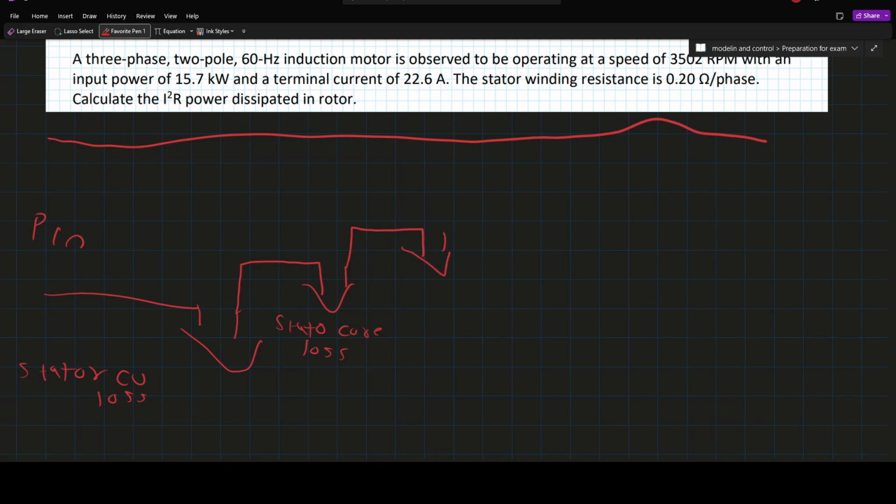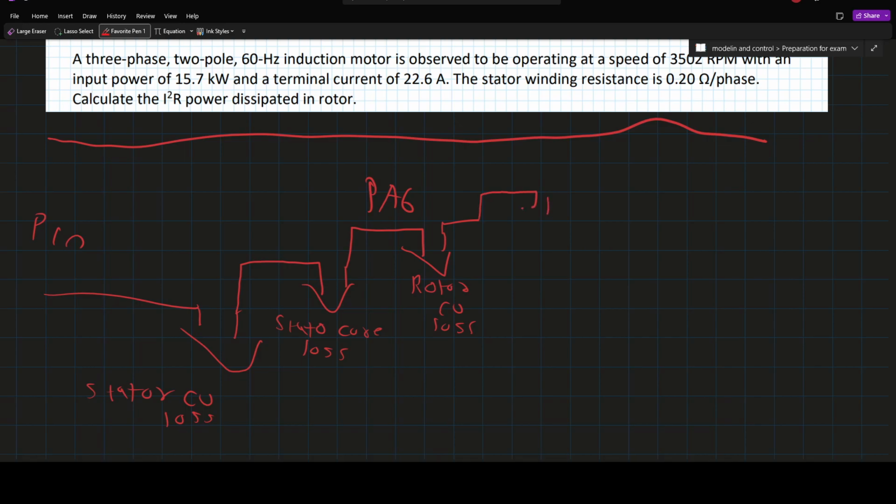Then when we have the stator copper losses and the core losses subtracted, we know that everything else is transferred to the rotor, so we have the air gap power. From now we have losses in the rotor, so we have the rotor copper loss. That's going to decrease the power.